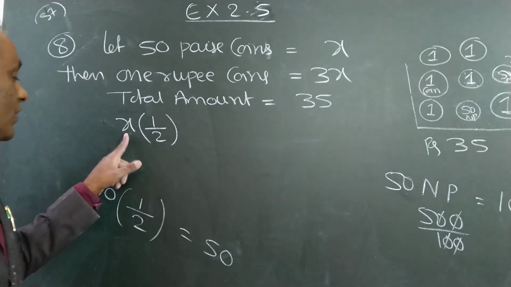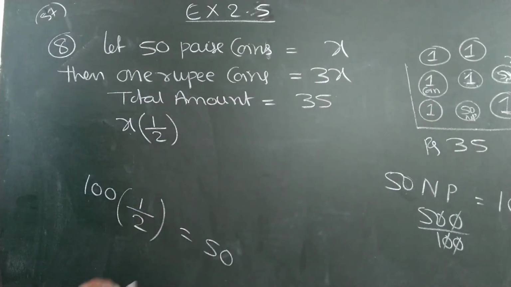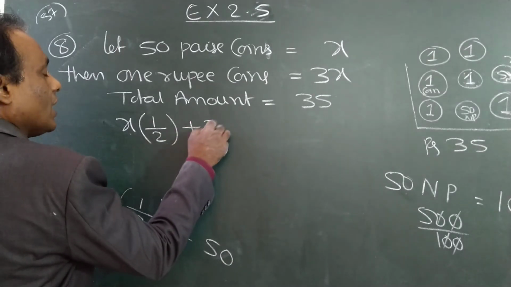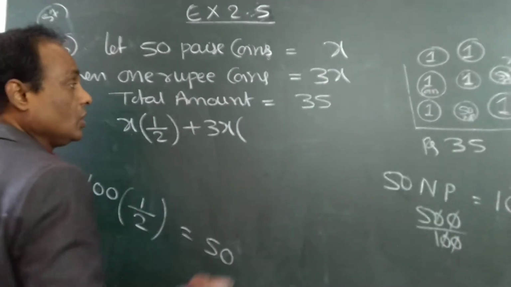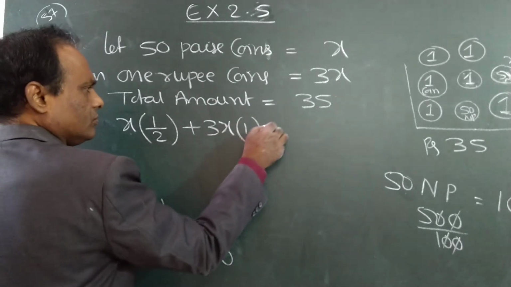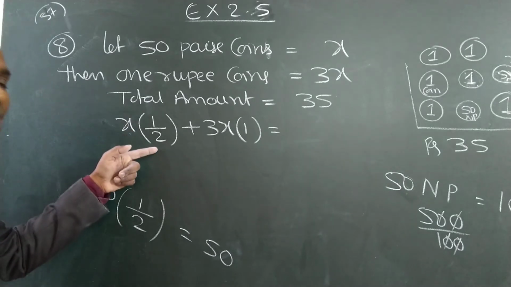So x 50 paise coins we have. Each 50 paise coin means half rupee, plus 1 rupee coins are 3x. 1 rupee means 1 rupee only, but 50 paise means half rupee.